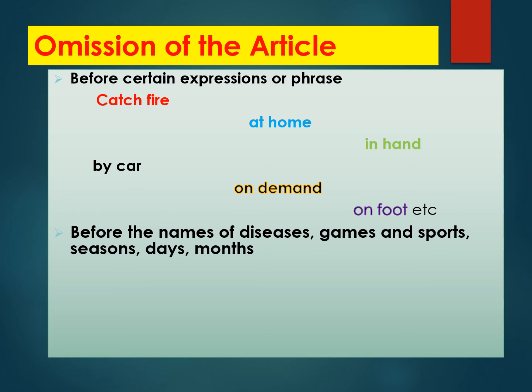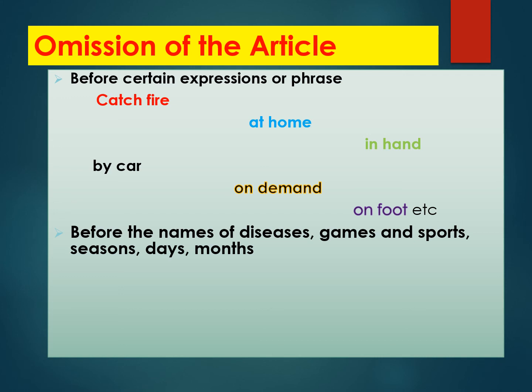Last rule. Before the names of diseases, games and sports, seasons, days, months, we should not use any article.